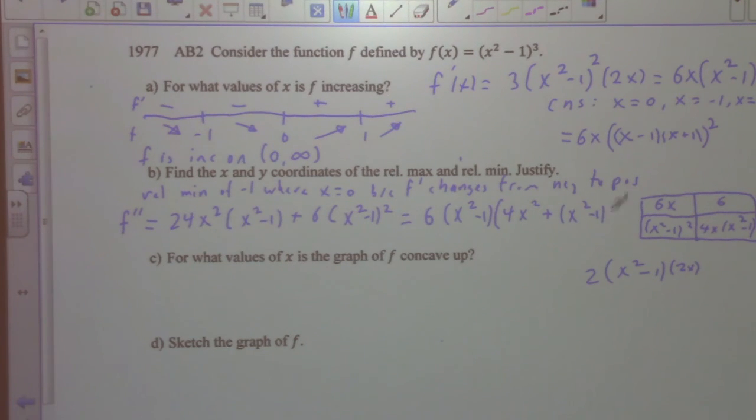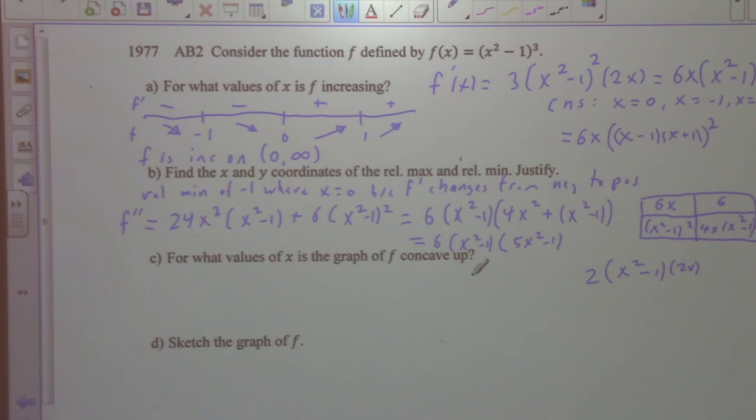And then you simplify this in here all you can, and that looks like 5x squared minus 1. So what we have is 6, x squared minus 1, and 5x squared minus 1.